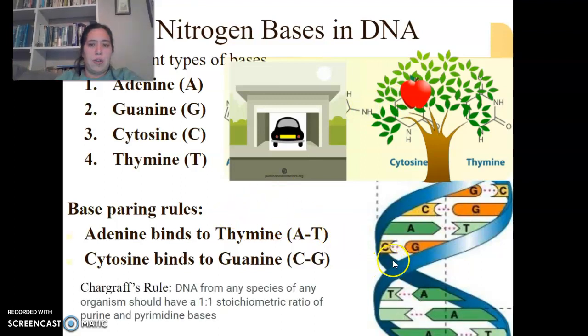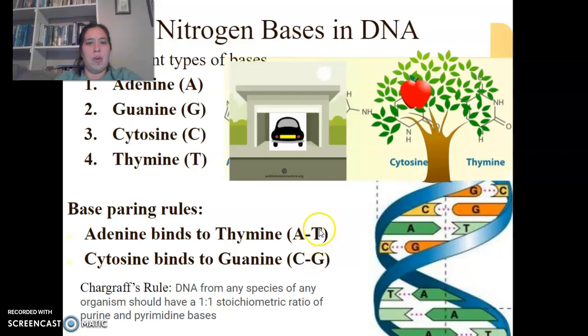Chargaff's rule, again for this class, you only need to know this: DNA from any species of any organism should have a 1-to-1 stoichiometric ratio of purine and pyrimidine bases. So that just means that if your DNA has 5 million adenines, then you're going to have 5 million thymines.